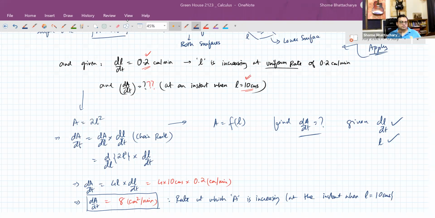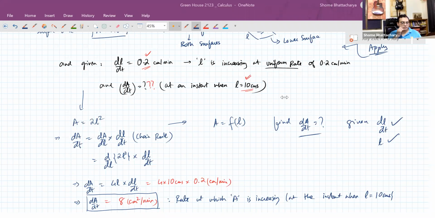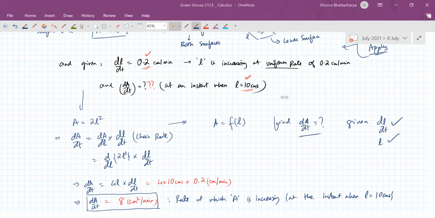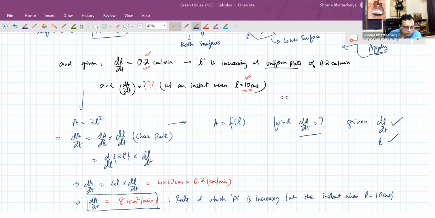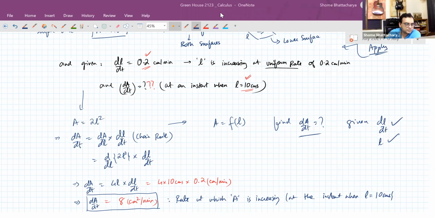Sir, could you just tell me how the surface area came 2L square? Yeah, can you repeat the question, better? Sir, how did the surface area come 2L square? Just hang on a minute, but I can't hear you.